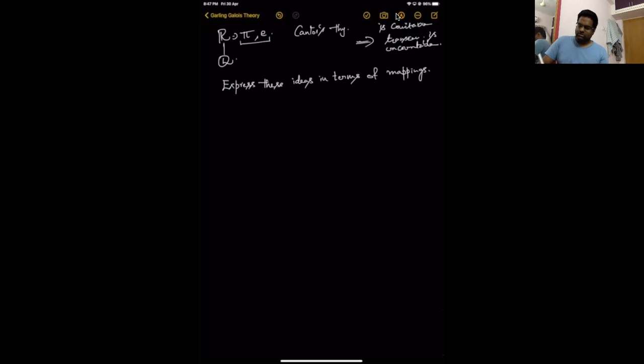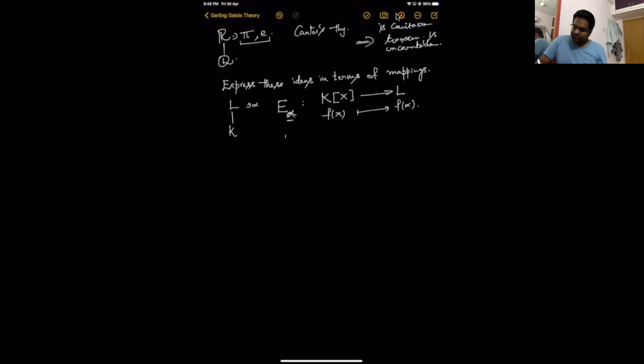So let E alpha denote the evaluation at the point alpha. You take a polynomial in K bracket X, and alpha is an element of L. Take a polynomial and then you send it to f of alpha. So f of alpha is an element of L.